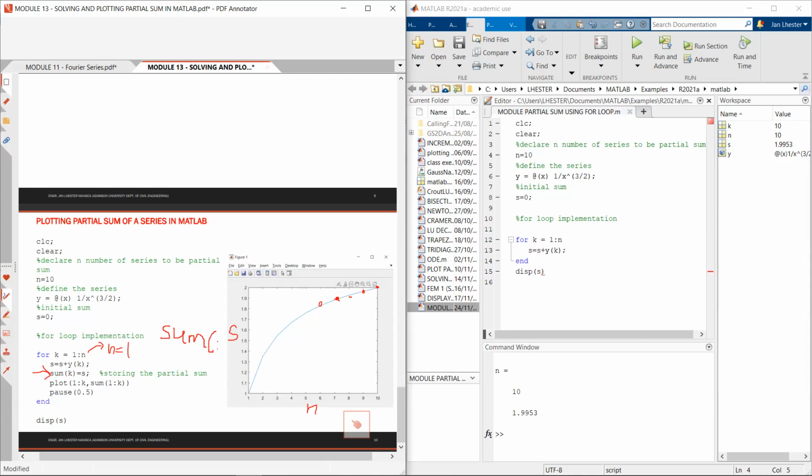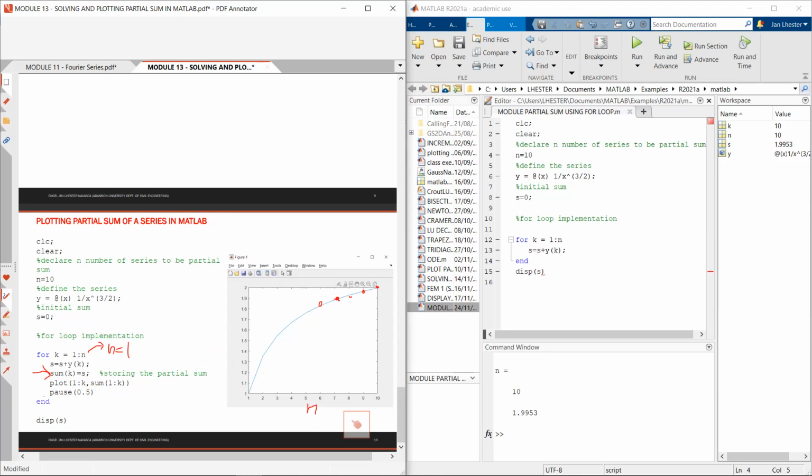So sum of 1, ito yung sum of the first term. Kapag first term lang, n equals to 1, you will store that. Next, kapag solve for 2, sum of 2, in-store niya again yung value of s. If you sum that 3, i-store niya ulit yung value. Sum 4 hanggang value of n. So ini-store niya yung value dito.